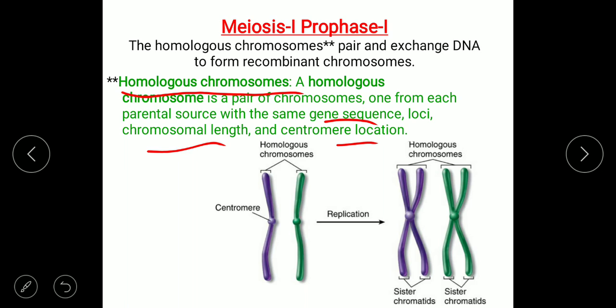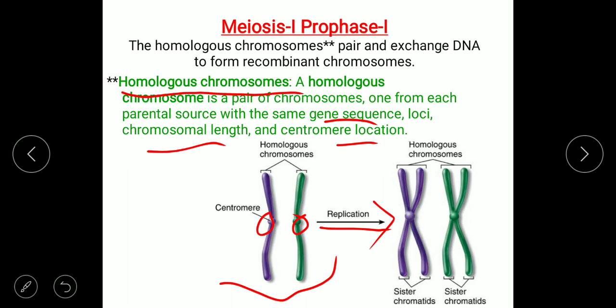Here is one pair of homologous chromosomes, and these are the centromeres of these homologous chromosomes. After replication, each is divided into 2 chromatids.